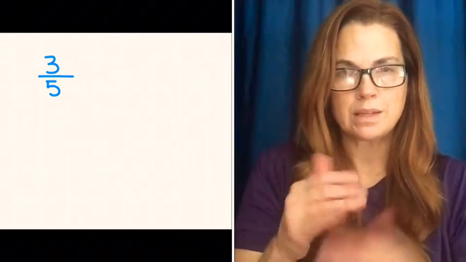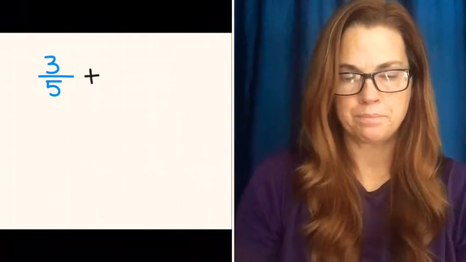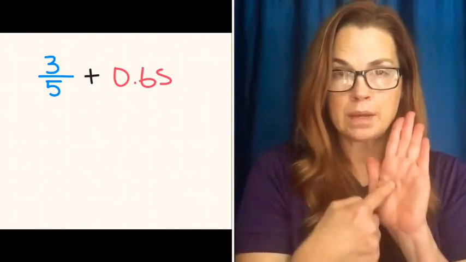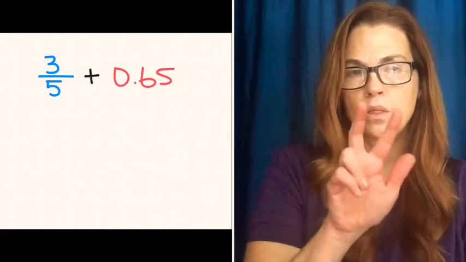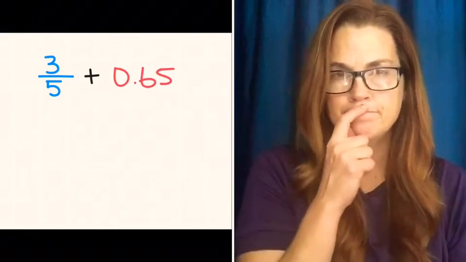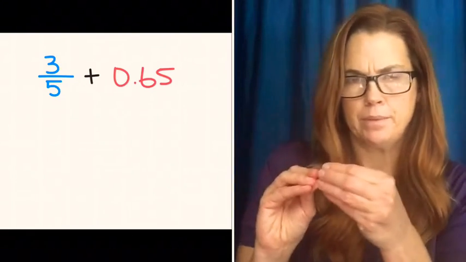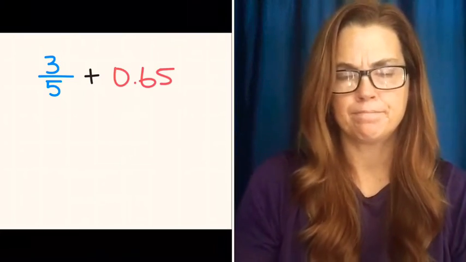But what if I were also looking to do something like this? What's 3/5 plus 0.65? How would I even do this operation? I have a fraction, which is a value written in one form, and a decimal, which is a value written in a totally different form.